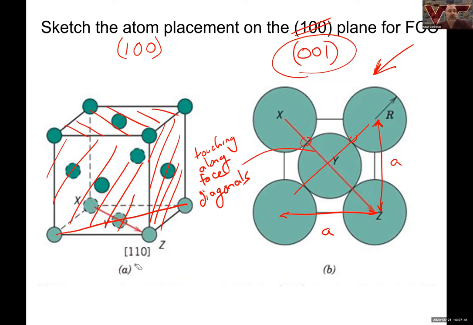Those all have the same geometry, the same atom placements and packing. So we will sometimes refer to these as a family of planes since they're all identical. The family of planes, if you see it written, will look something like this with curly braces. But I'm going to generally avoid that for this class.